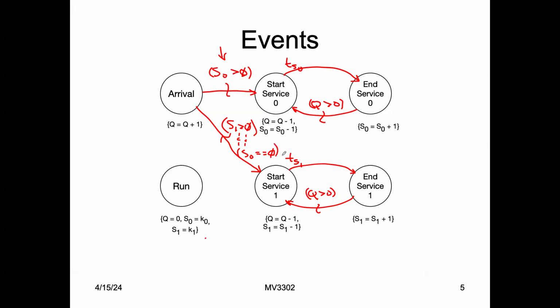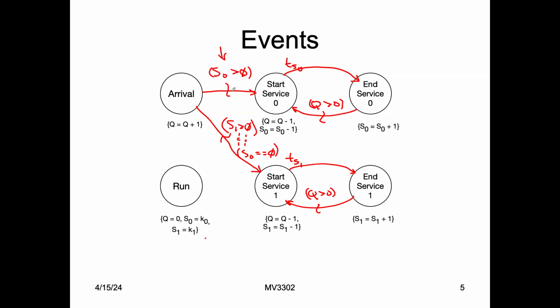Okay, so the lesson is, and I've said this before but it bears repeating, event graphs, like computer programs, are stupid things because they do what you tell them to and not what you want them to. So you want to try out some thought experiments on these. In other words, what happens if there's an arrival and both are available?